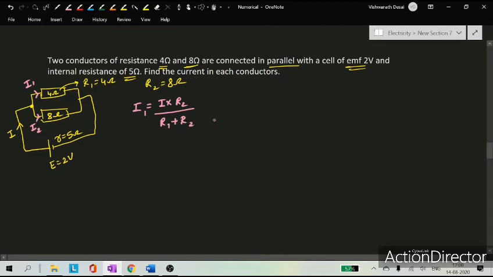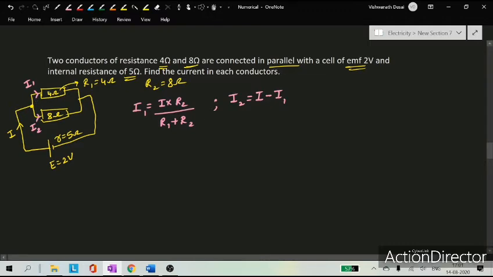And I2 we can calculate very easily. There are two methods for that. It is a simple one. I2 is equal to the main current minus the current which is already going through the 4 ohm resistor R1, right?